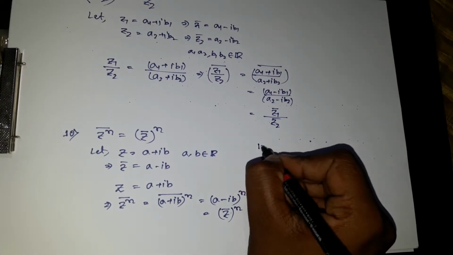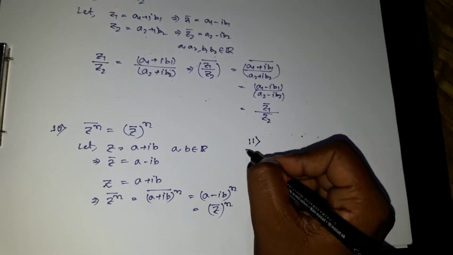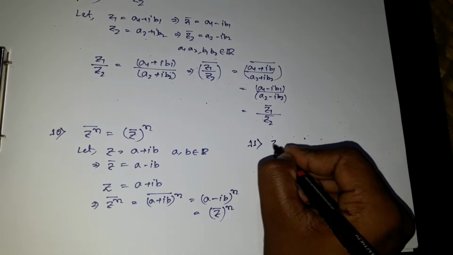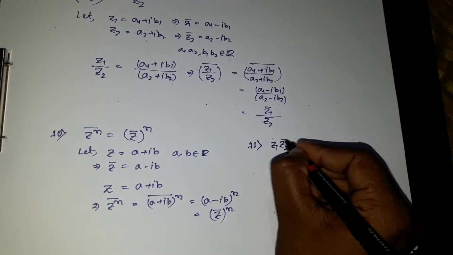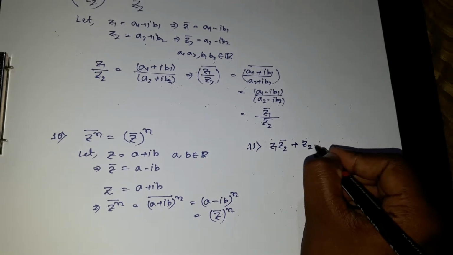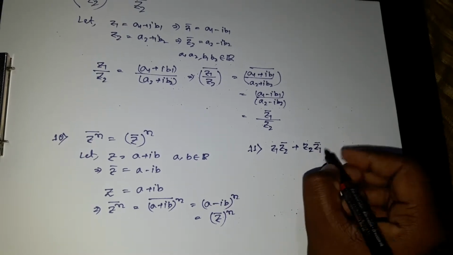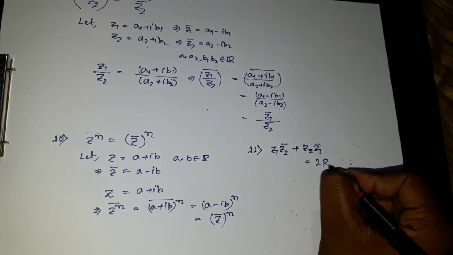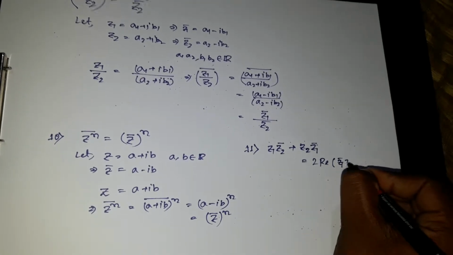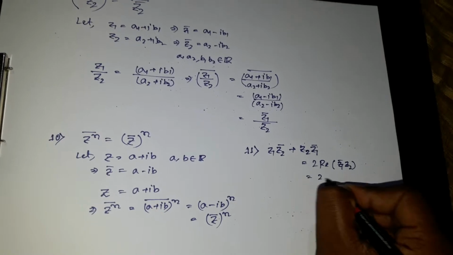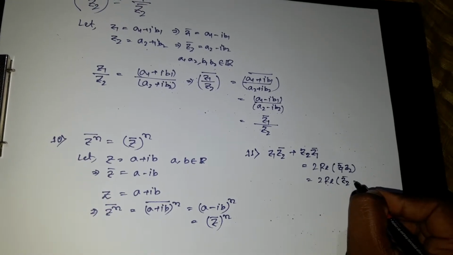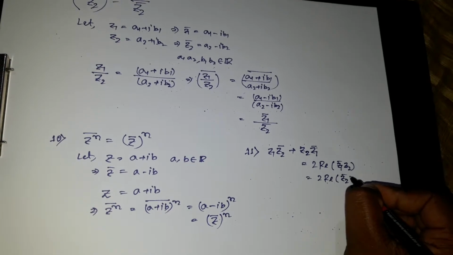Now property number 11: z1 z2 bar plus z2 z1 bar is equal to twice the real part of z1 bar z2, which is equal to twice the real part of z2 bar z1.